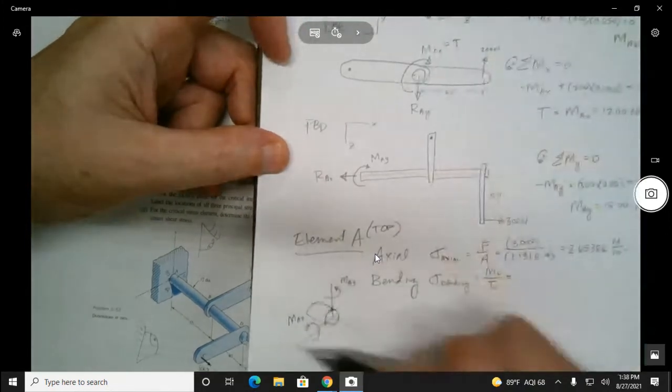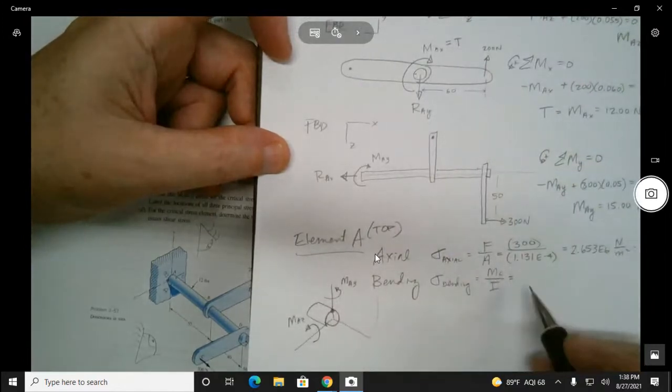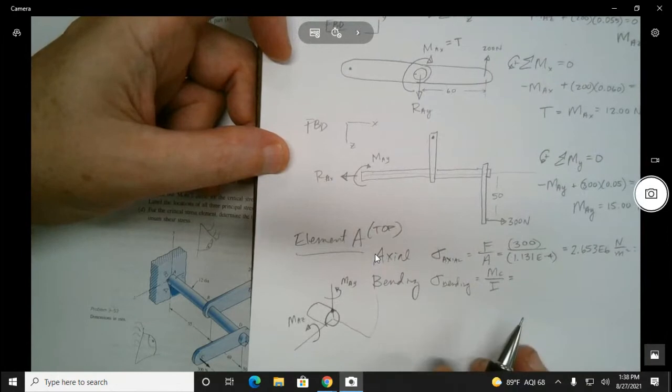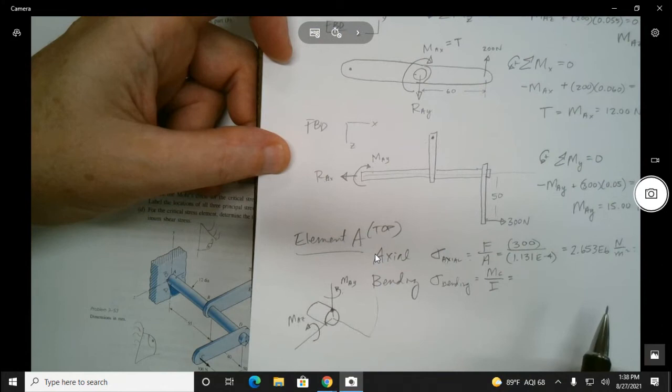You don't have to do this, but I think this helps. So now the big question is, which moment is going to cause the bending stress at that top element? It's either this one or that one. The MAZ, yes. And will it be tension or compression?